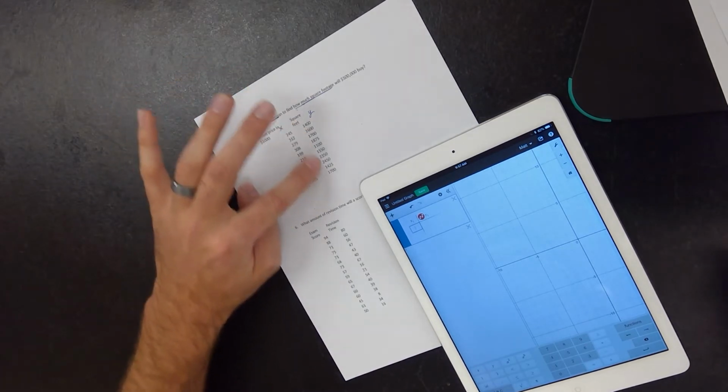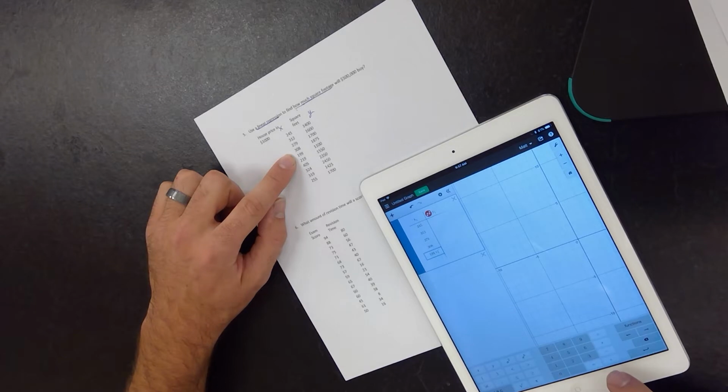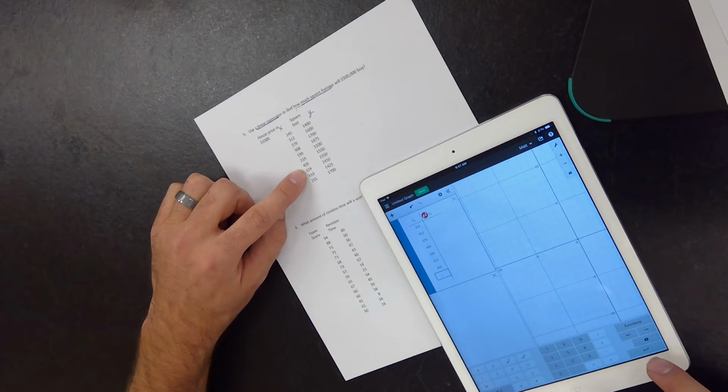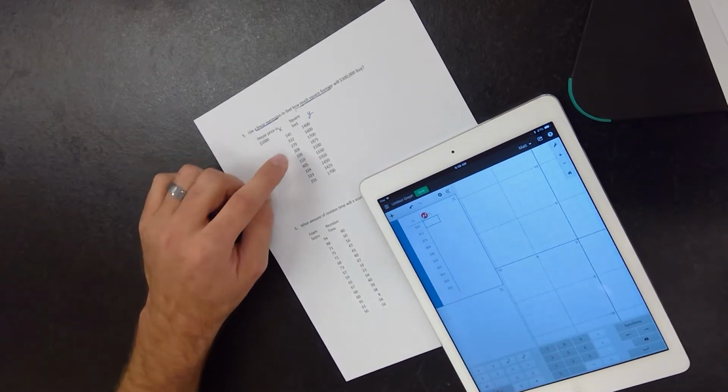So these numbers are going to go in the X, these numbers are going to go in the Y. Okay, and so I'll go ahead and enter those now. Once I've done all my X's, I'm going to do my Y's.